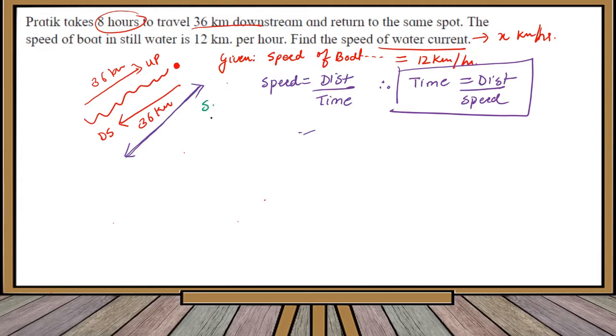Now, let us write down speed in downstream and speed in upstream. When he is going down, speed in downstream, we need to add the speeds. So it will be 12, that is the speed of the boat, plus the speed of the water current, so 12 plus x kilometers per hour.